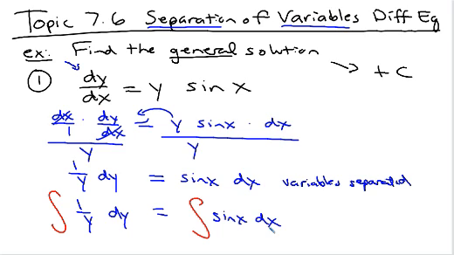On the left side, we recognize that the antiderivative of this is the natural log. So on the left side, we're going to have the natural log of y. And no, we do not have to put a plus c on the y side. We only put it on the x side. And that is equal to the negative cosine of x, and then I have my plus c.